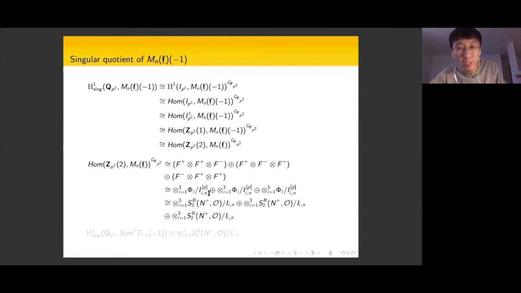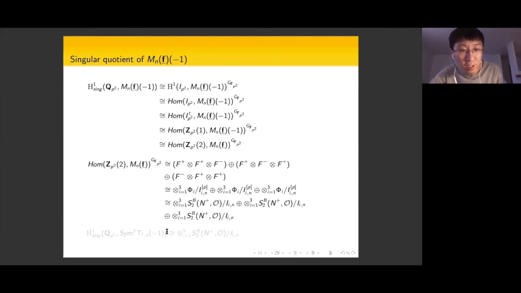And by the degeneracy map, you can lower the level to this quaternionic space of modular forms, because the component group is isomorphic to this quaternionic space of modular forms modulo this ideal I. So the conclusion is that the singular quotient is isomorphic to 3 copies of these spaces.